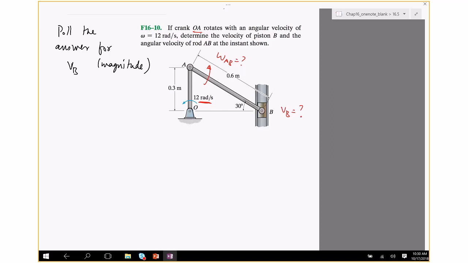And the way you do this is, well, you know the velocity of O, that's 0. First find the velocity of A. Write that down.